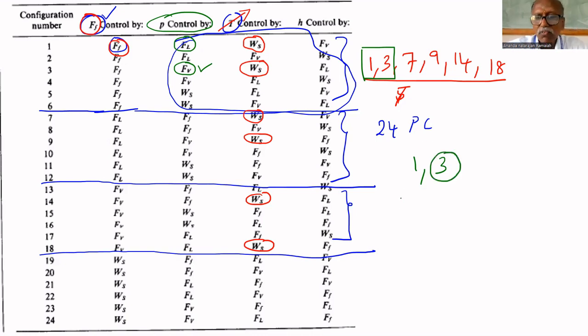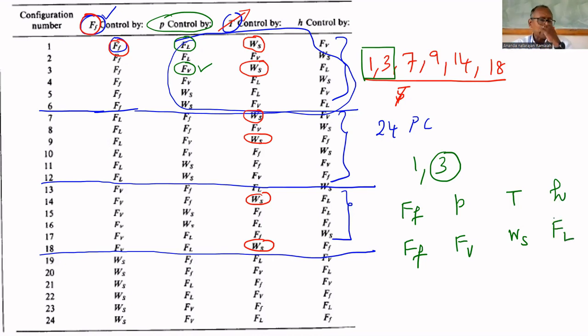To control feed flow rate, we are using feed flow rate as manipulated variable. To control pressure, vapor flow rate is used. To control temperature, steam flow rate is used. To control level, liquid flow rate. That's why liquid flow rate has direct impact on level. That's why it is better to use liquid flow rate. Out of 24, this combination, that is the third combination, gives the best combination to control the 4 variables.